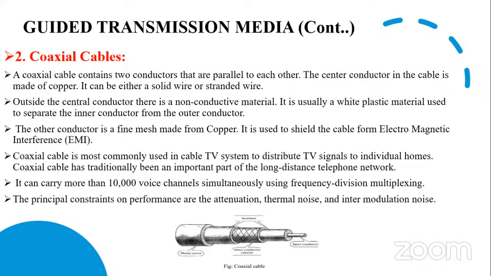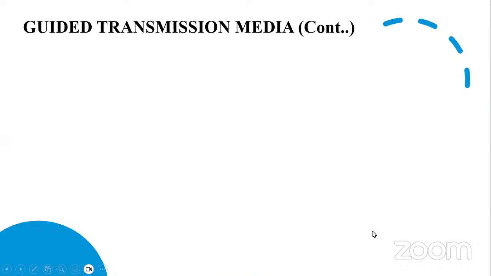That extra shield will also be covered by another insulator. Then that is also covered by some plastic cover. See how secure it is. This will be used in TV cable systems. Whenever you say coaxial cable, you just remember that cable TV wire.